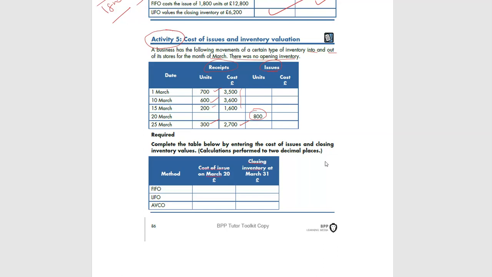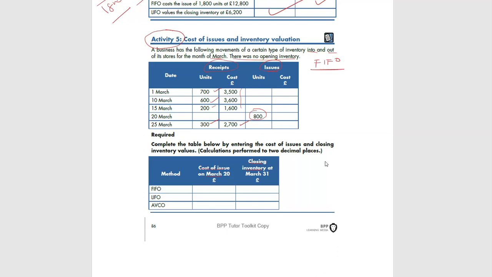Let's start with FIFO first. We can see we have 700 units, then 600 and 200, and we need to find the issuing cost for the 800.